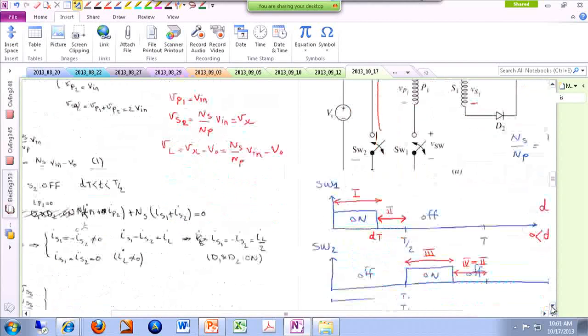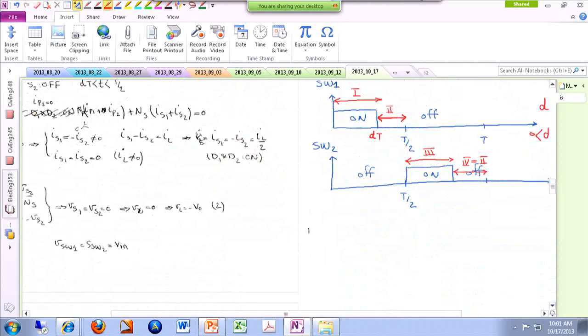So going back, we are in mode number 2. I'm trying to figure out what happens to the diodes in this mode, basically.